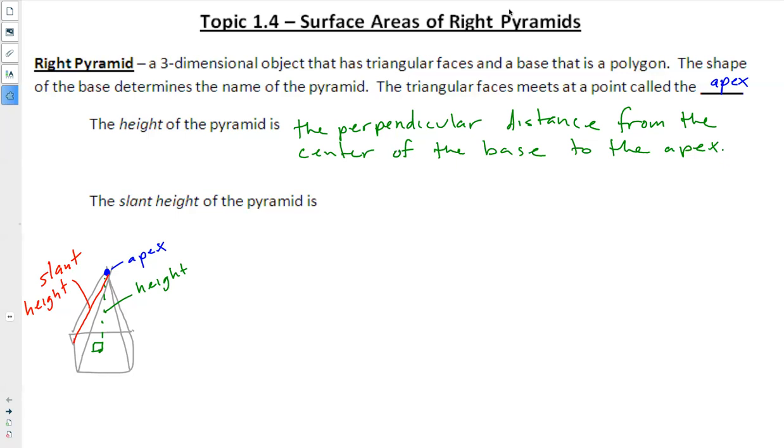The slant height of the pyramid is the height of the triangular face. So just some terminology for us there. Make sure we are familiar with these terms before going forward.